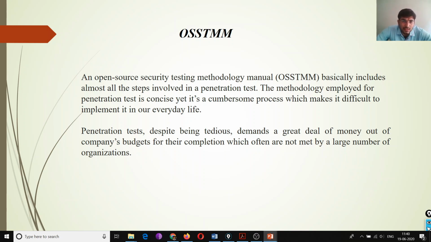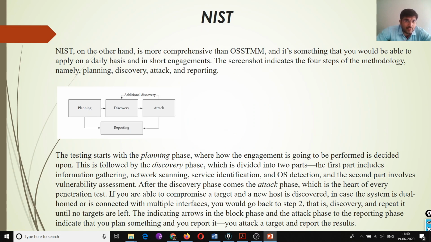Penetration testing, despite being tedious, demands a great deal of money. A particular budget is allocated for penetration testing, so that the organization can be assured that this is our budget and we can spend this much money on penetration testing, right?